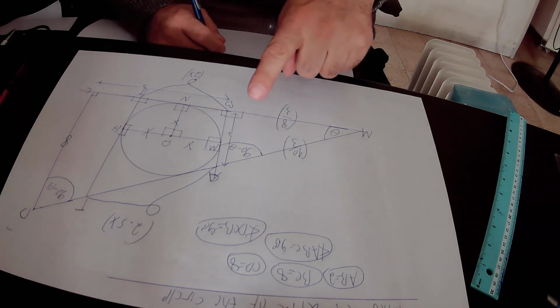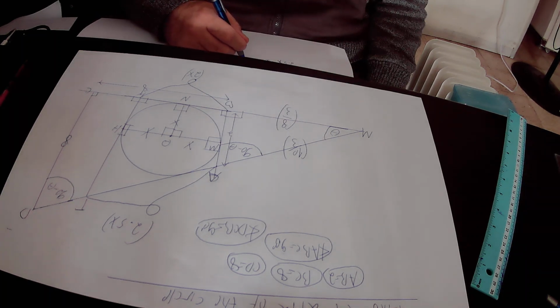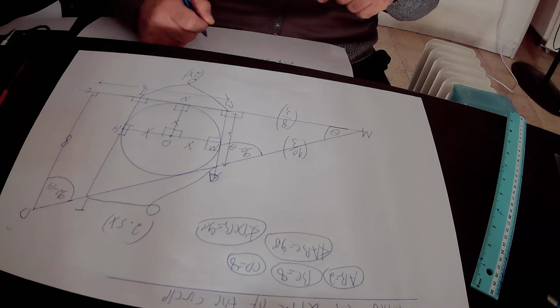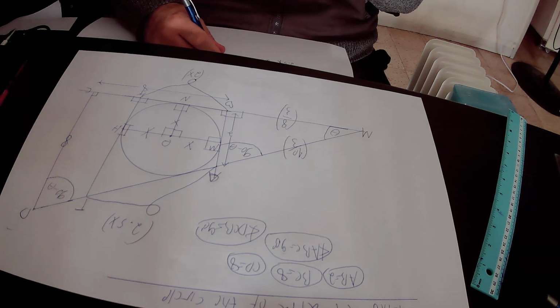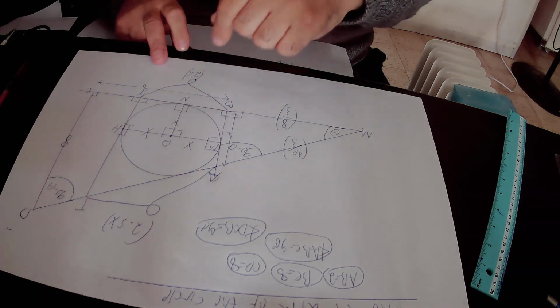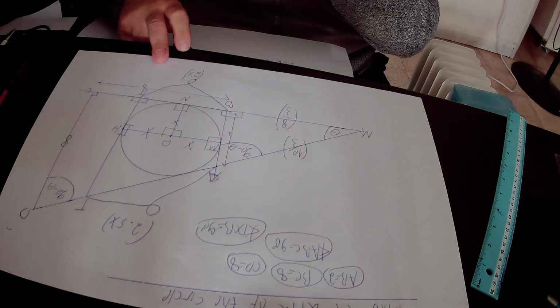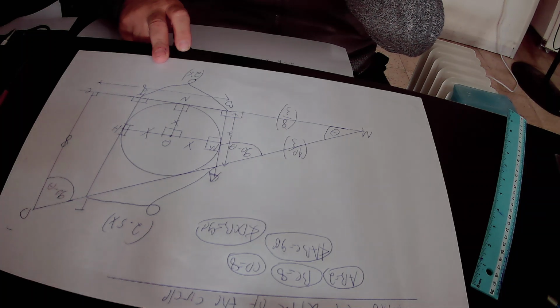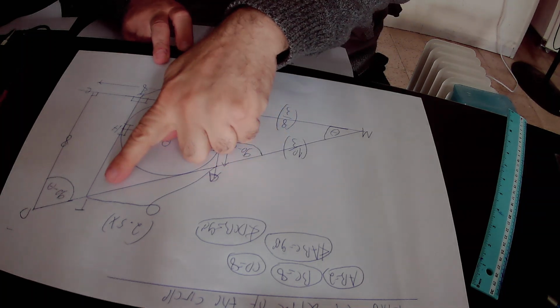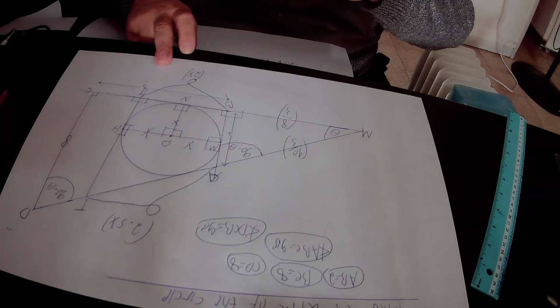And it is equal to AB. AB is 2, so we substitute AB by 2 plus TK. What is the length of TK from the drawing here?